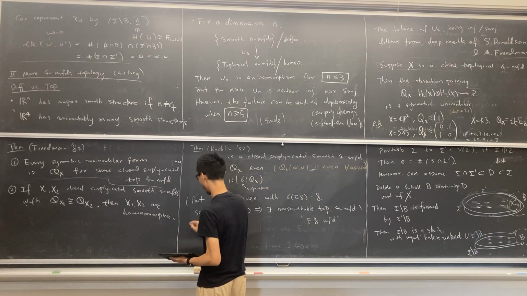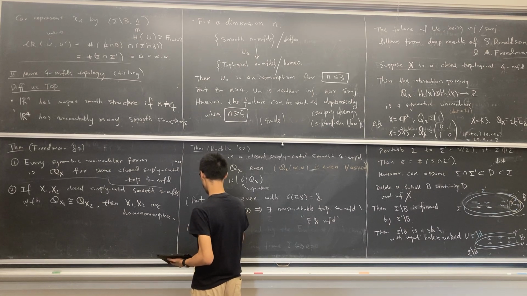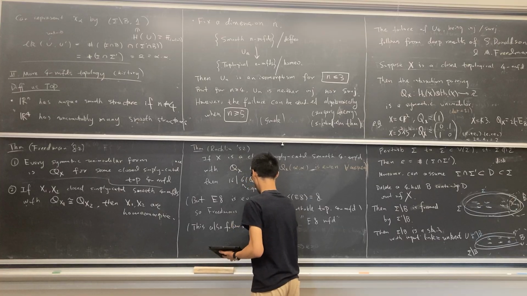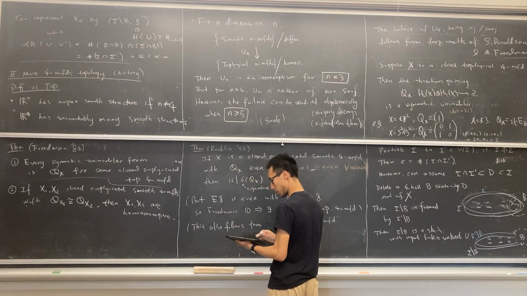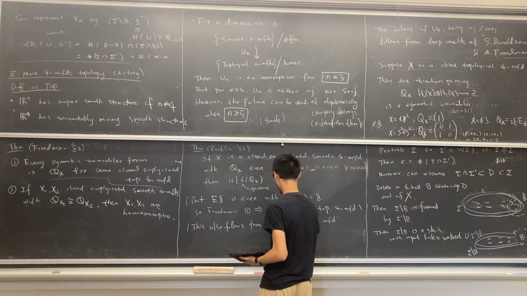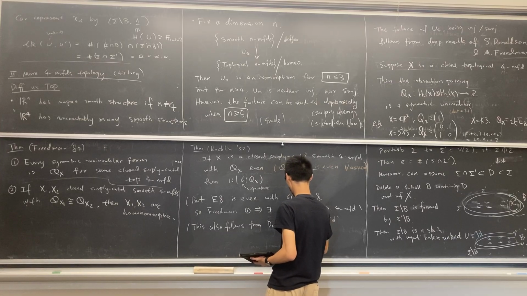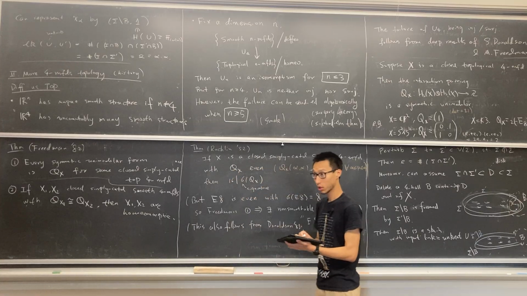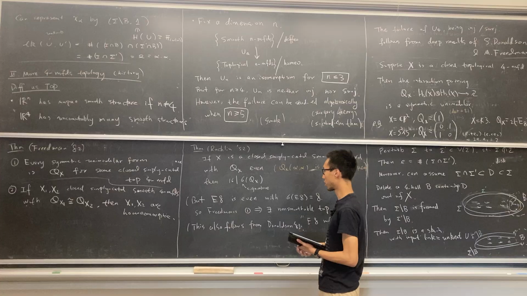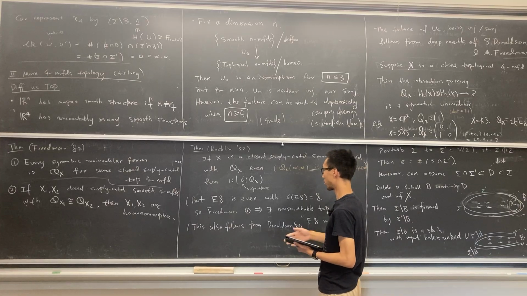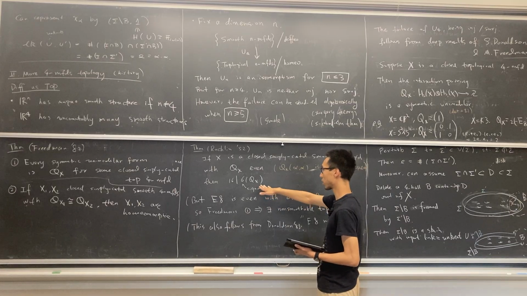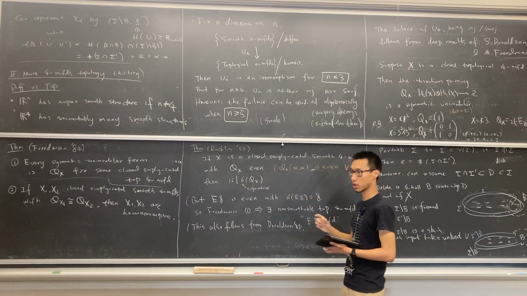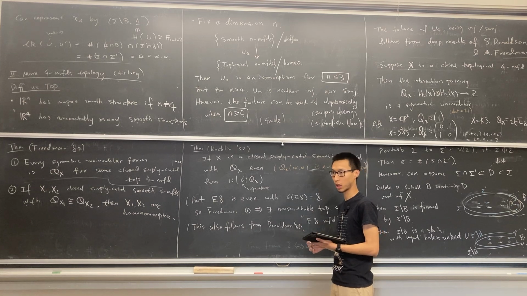Maybe I'll mention here this also follows from the so-called diagonalization theorem of Donaldson, which says that the signature, so you can say over the reals diagonalize your matrix, and then the signature is the number of positive eigenvalues minus the number of negative eigenvalues.